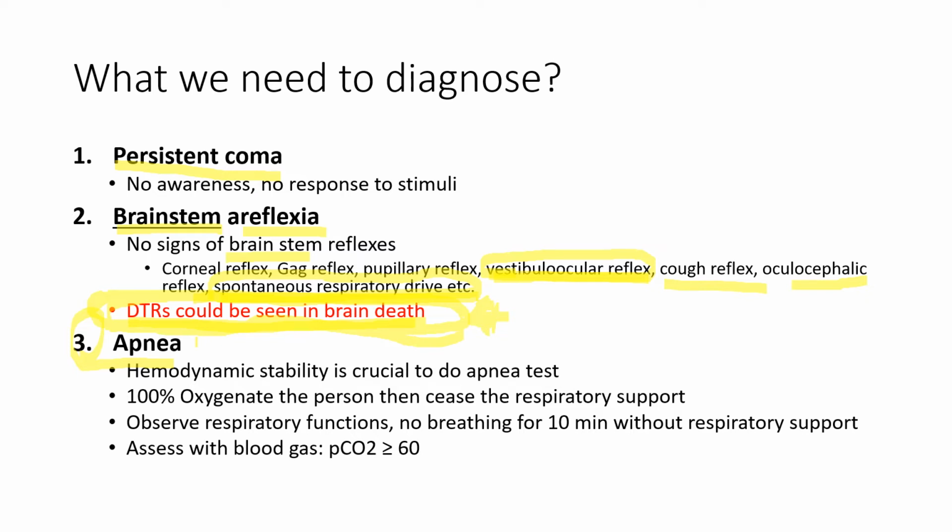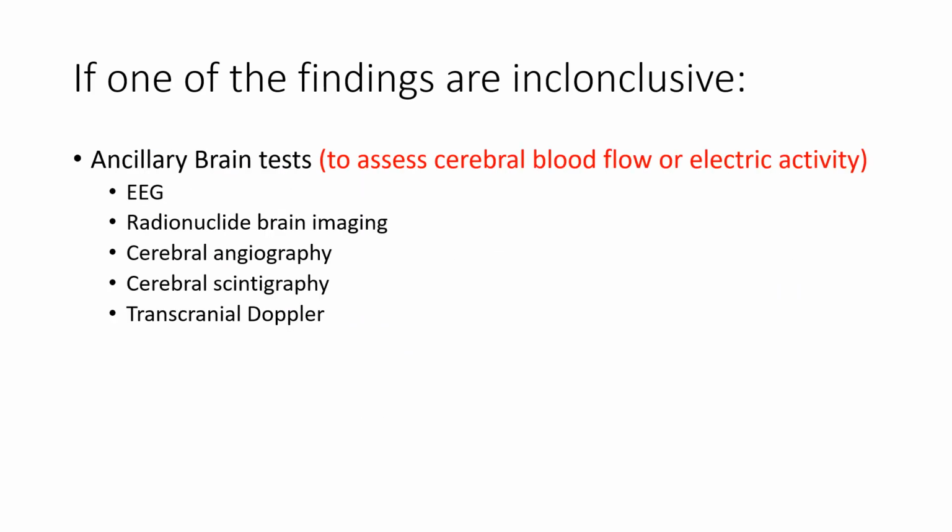Basically, we are pre-oxygenating the person with 100% oxygen, and then cease respiratory support and observe for respiratory function. If there is no breathing for more than 10 minutes without respiratory support, we say the apnea test is positive. And if one of the findings is inconclusive, we need to do ancillary brain tests.